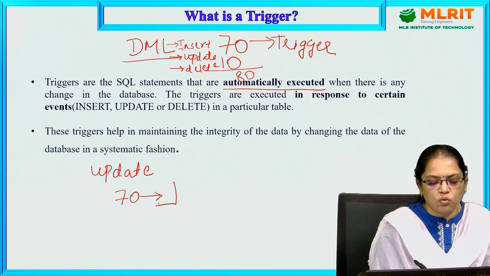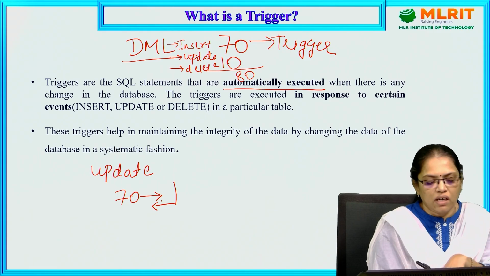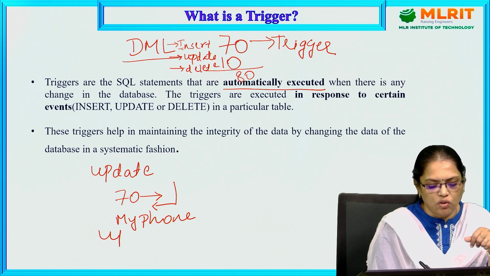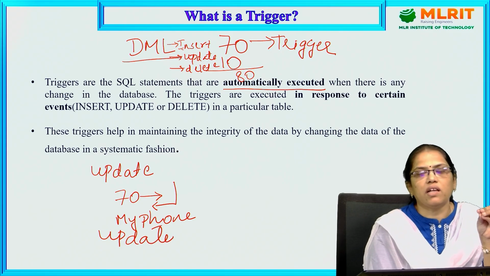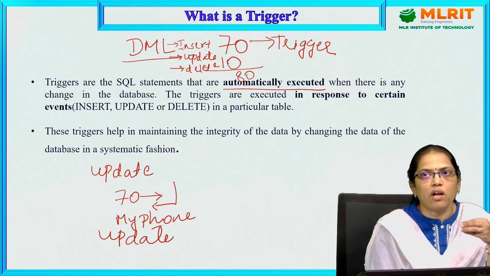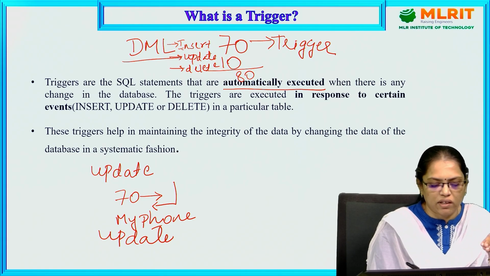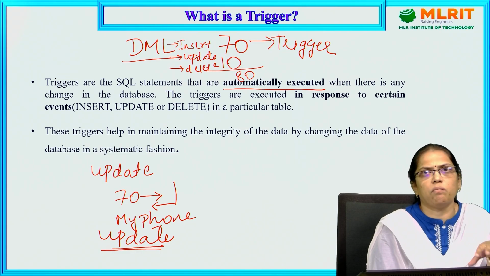Now, one student comes and tells that there is a change in my phone number. So I need to make the modification in the phone number. In that case, I use the command update. Update is one type of data manipulation language. Whatever changes you want to make in the database, we use the command update.